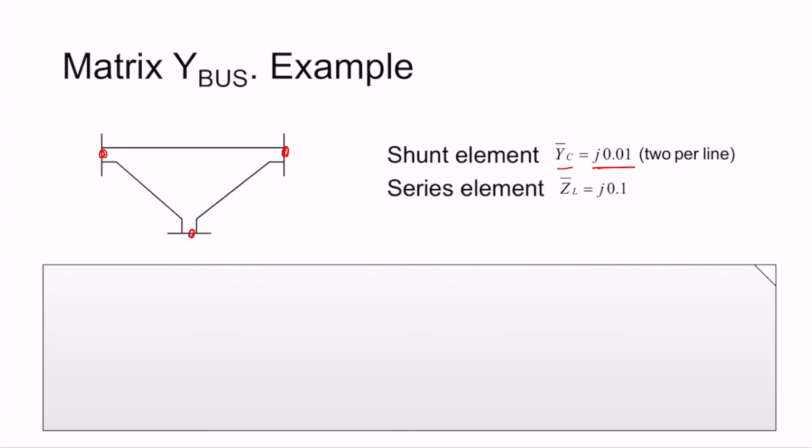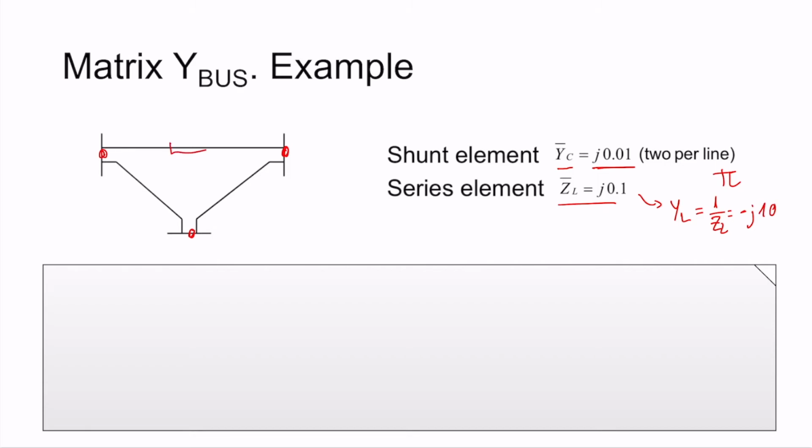There is an assumption that we are using a pi model, like the one I mentioned before, and I have 2 of them. And there is a series element, which is the impedance. In this case, I'm giving you the impedance, so I need to compute the series admittance. It is 1 over Z. So this is minus j10.